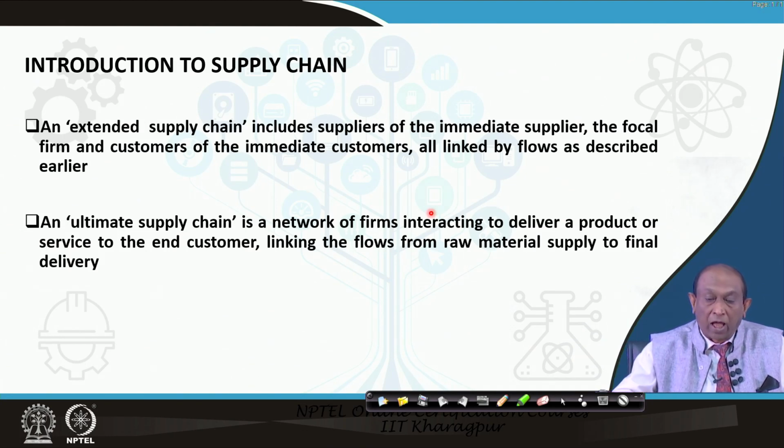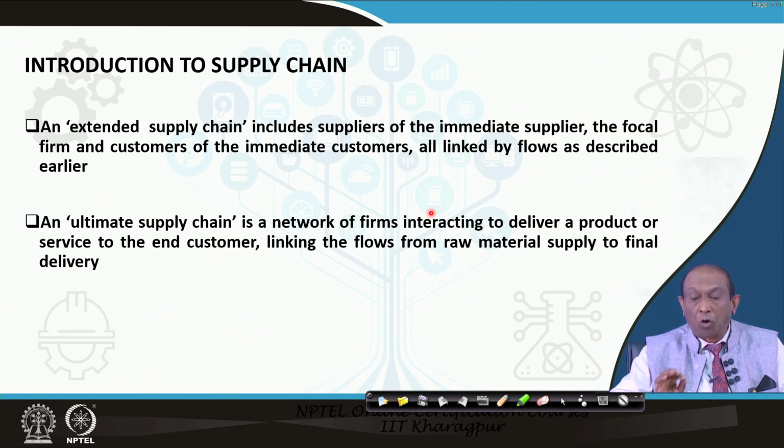These flows are basically flows of materials and goods, finances and information. We will talk about this management of flows later in detail. And an ultimate supply chain is basically a network of firms interacting to deliver a product or service to the end customer, linking the flows from raw material supply to the final delivery.